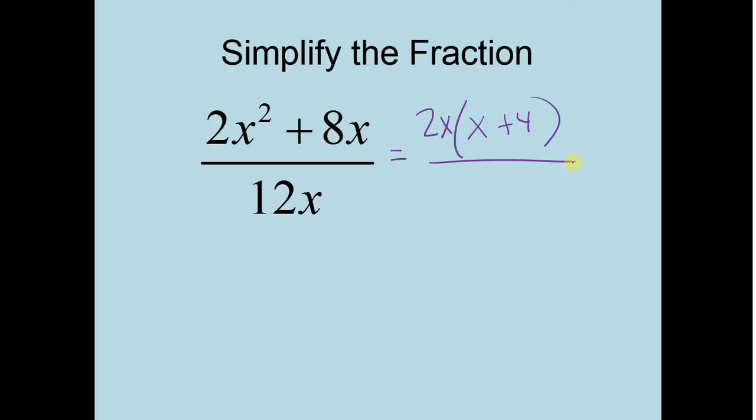Well, I could take 2x times 6, right? That would give me 12x. That's pretty good. That's an idea. Notice how now I have 2x on top and bottom, so they can go out. I'll be left with x plus 4 on top and just a 6 on the bottom. Sometimes it's being very creative with what you're given.